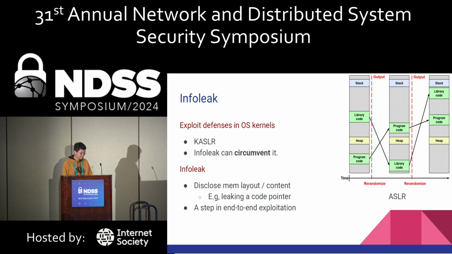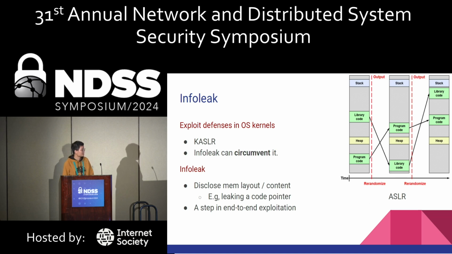And then here's some background of Infoleak. Nowadays, operating system kernels employ some defenses to prevent attackers from attacking the OS kernel. For example, KASLR is a modern defense that makes it difficult for attackers to construct end-to-end exploits.